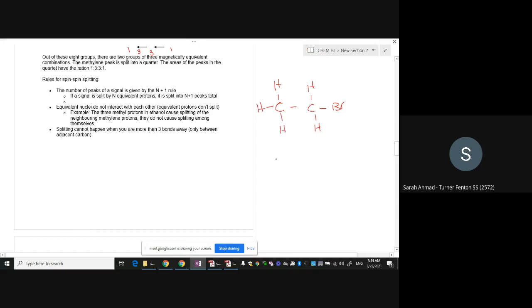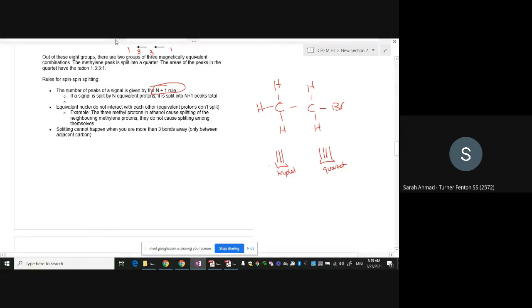I said itself, and then it gets split by neighbors, which is 2. So it's going to get split into 3. Itself, and it's going to get split by 3 other ones, so then you get 4 lines. So you get your quartet and triplet. That's where this n plus 1 rule comes from. It's always itself plus the neighbors that are doing the splitting.